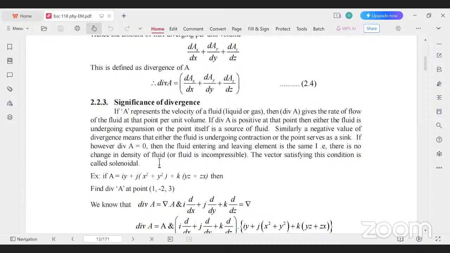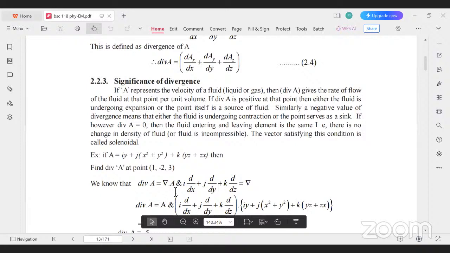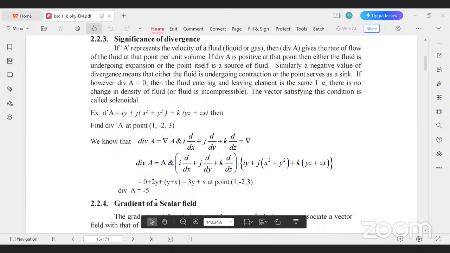So we can find the significance of divergence for a liquid or a gas, the fluid. It can be increased or decreased, positive and negative. Negative is nothing but sinking, positive is nothing but expanding. Clear? For that we can also find the divergence of A, where divergence of A is del dot A, with i of Ax plus j of Ay plus k of Az.